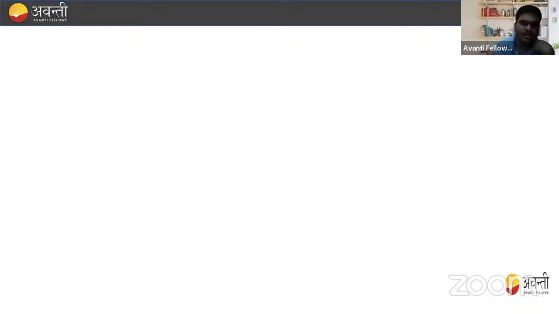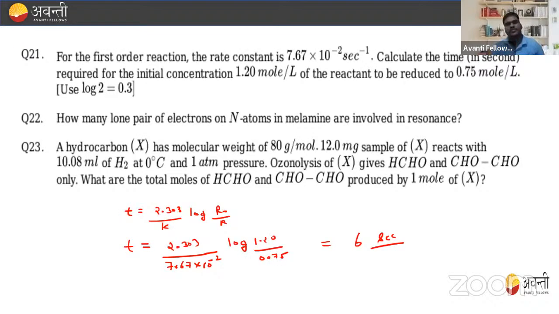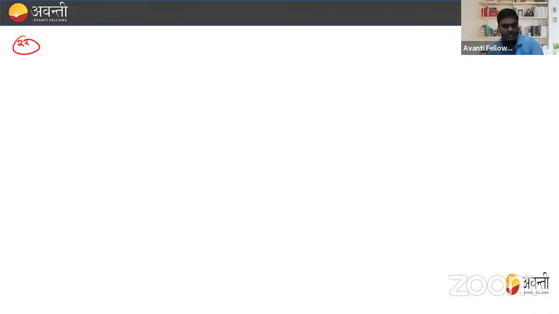Now, the next question is also very important. Question 22 asks, how many lone pairs of electrons on the nitrogen atoms in melamine are involved in the resonance? First of all, let me draw the structure of melamine.